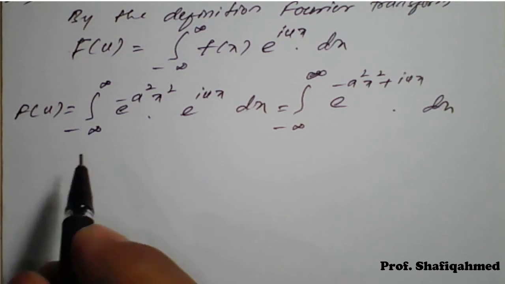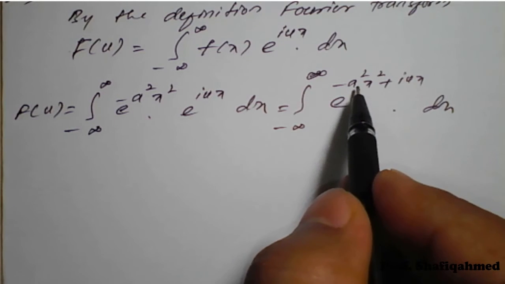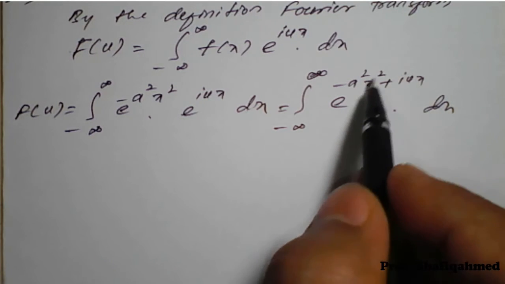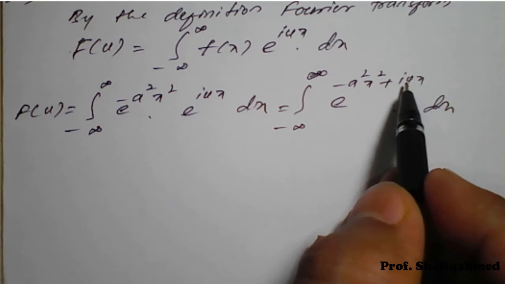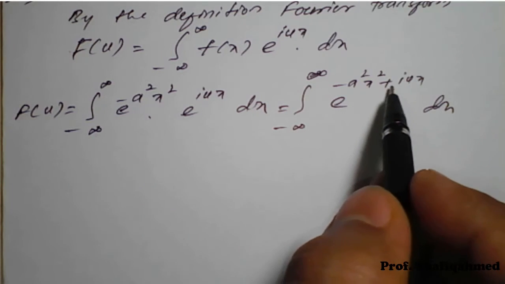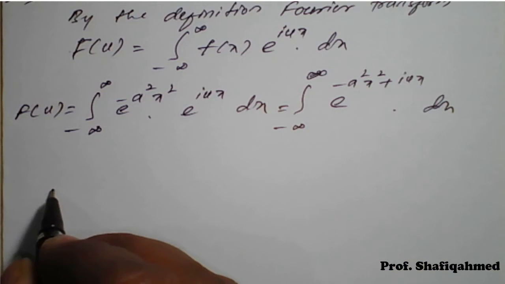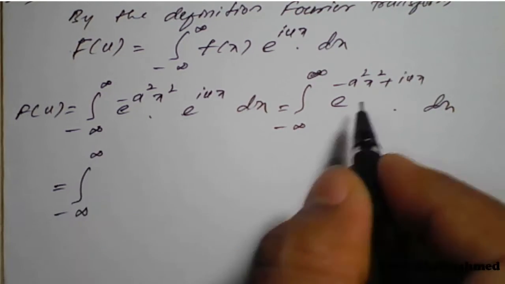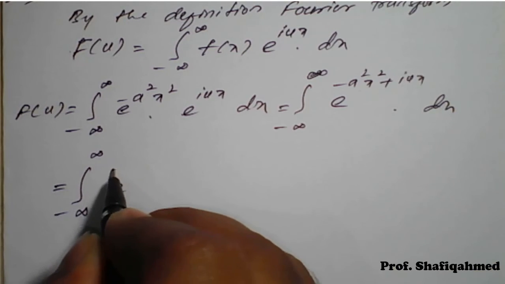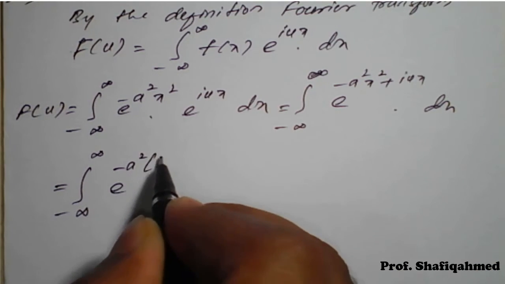Now from this I want to go for some manipulation. Among this power, that is minus a square x square plus i u x, I want to take minus a square common for my simplification. So minus infinity to plus infinity, you need to remember, it will be minus a square if you take common.